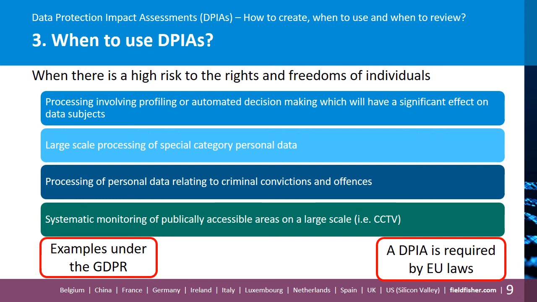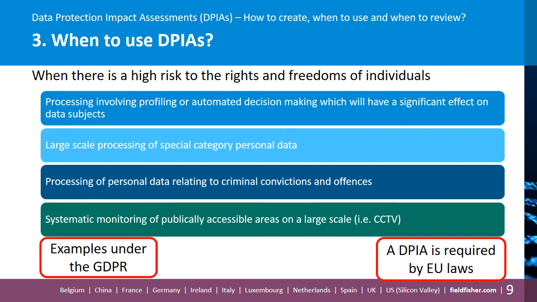So, we said that any processing involving high risk to the rights and freedoms of individuals should be assessed through a data protection impact assessment. Let's see when to use a DPIA. Under the GDPR, we can see a number of instances in which a data protection impact assessment is required.